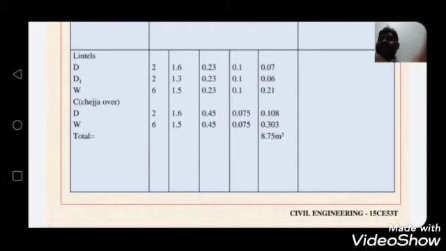Average depth is 0.125 plus 0.1, the average is 0.075. W is 6 into 1.5 into 0.45 into 0.075, 0.303. Total lintel and chajja quantity is 8.75 meters.